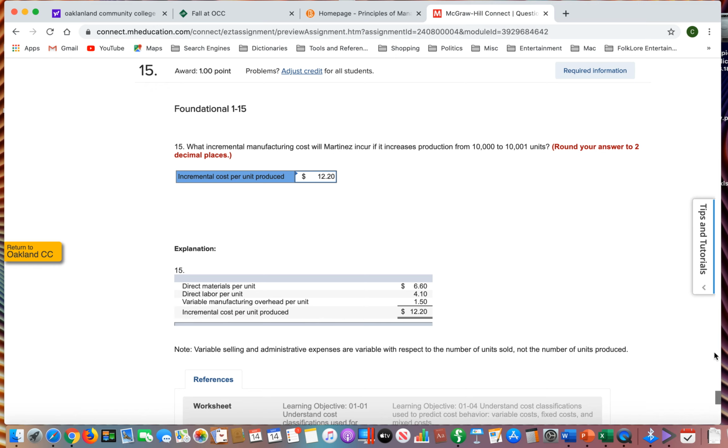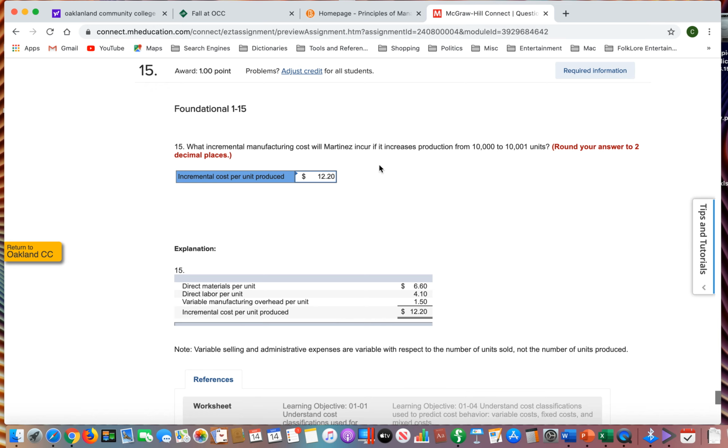Let me say that again. For every additional unit produced, it's going to go up by the total variable cost per unit. The total variable manufacturing cost per unit, not the variable administrative cost.